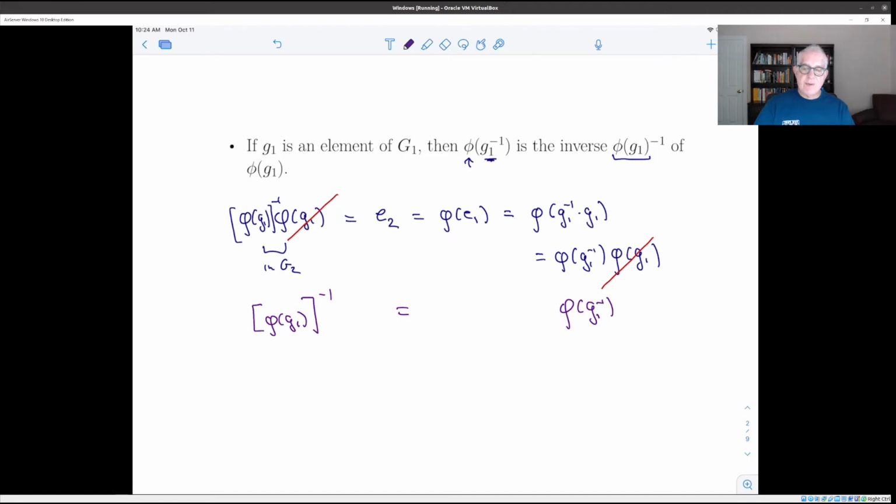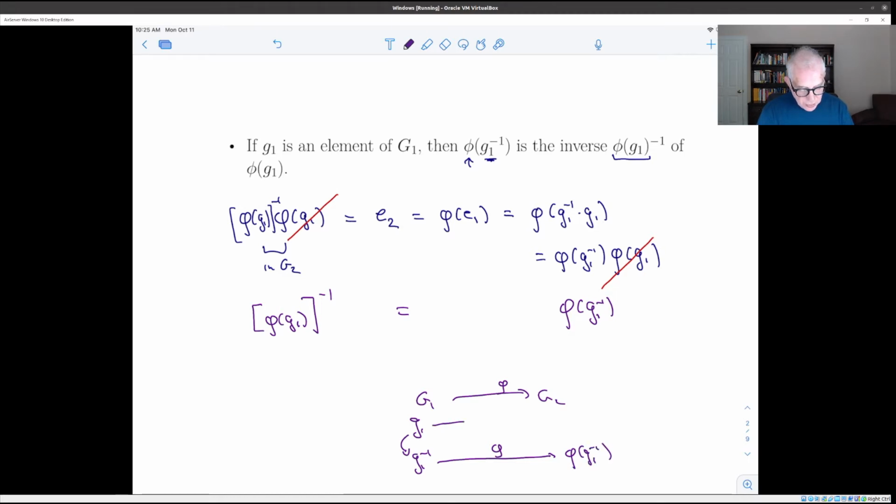Now, this may seem very formal, but it's worth pondering once more what it actually means. You have two groups, G1 and G2, here they are, and you have an element of G1, and this map phi, and you also have its inverse. So you could go from g1 to g1 inverse in G1, and then go by phi to G2, and you would get phi of g1 inverse.